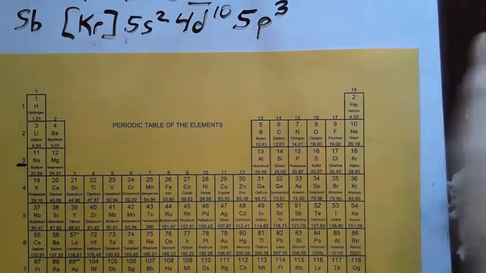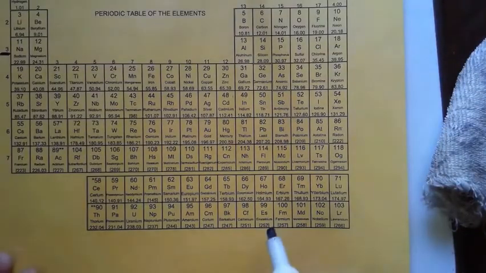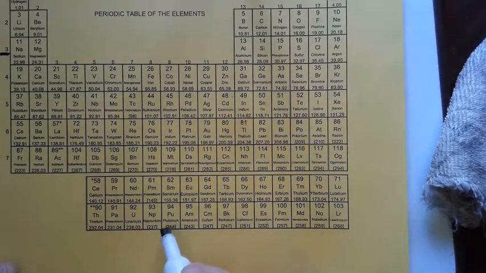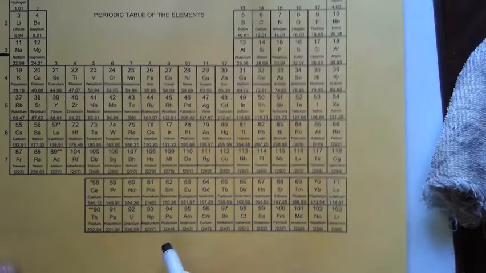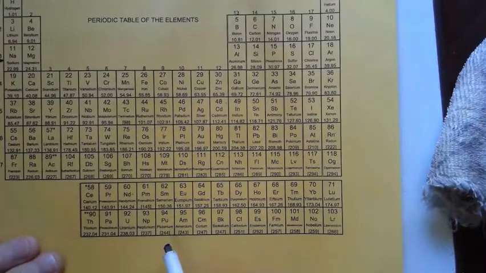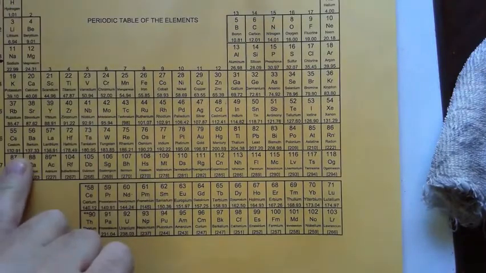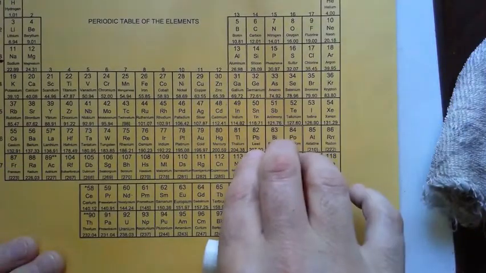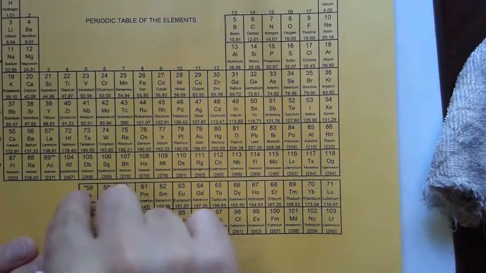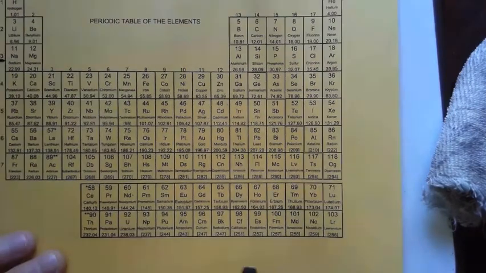All right, now let's try one of the hardest ones right here, all the way down. Let's do plutonium. All right, number 94, plutonium. Now remember, these guys are the f blocks. We have s block, we have p blocks, we have the center guys here, which are the d blocks, and then these two that are farther down are the f blocks.